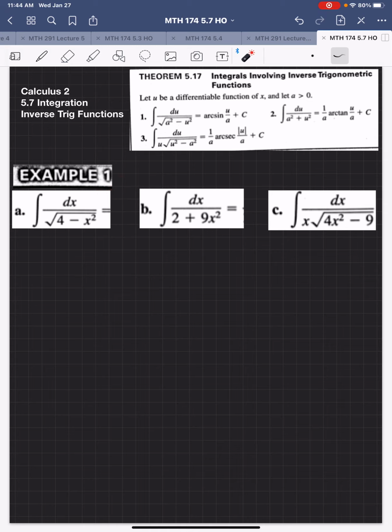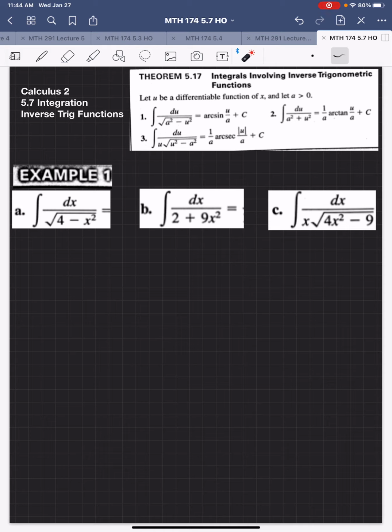Well, notice that, for example, in part A, we have the constant minus the variable. So in that case, notice that arctangent has a sum, and there's no square root, right?